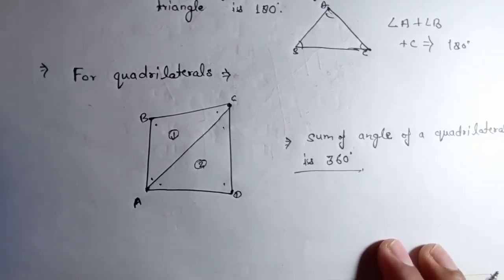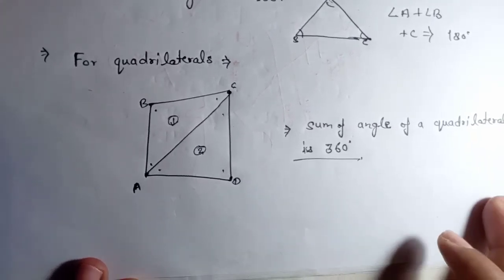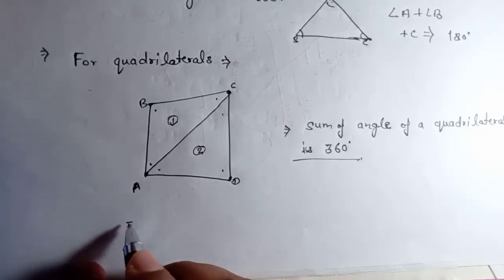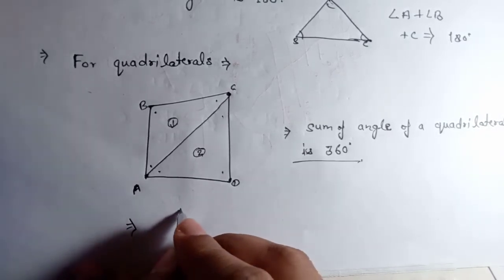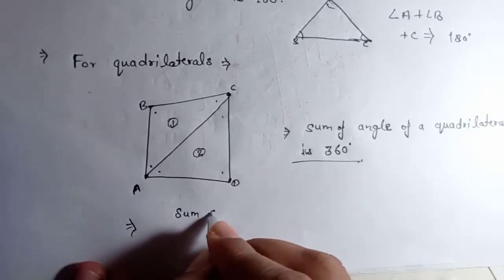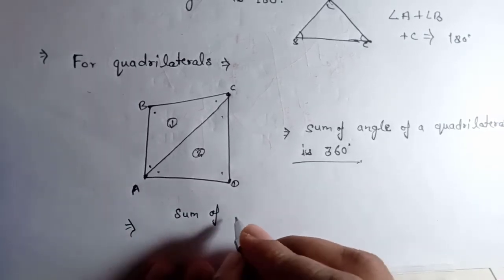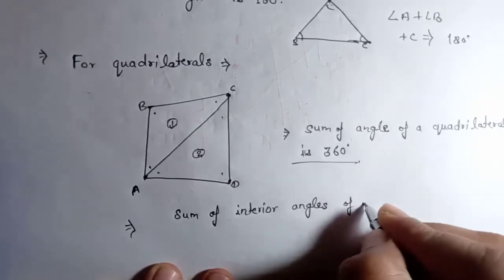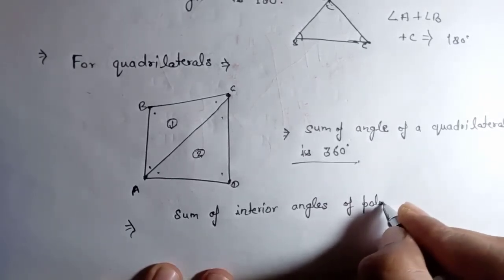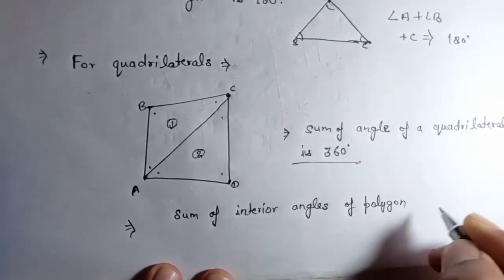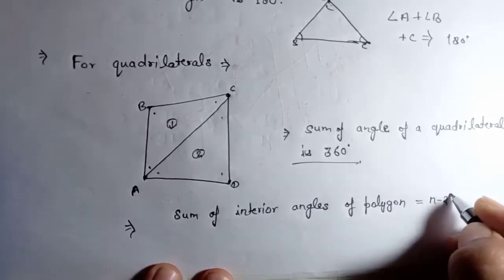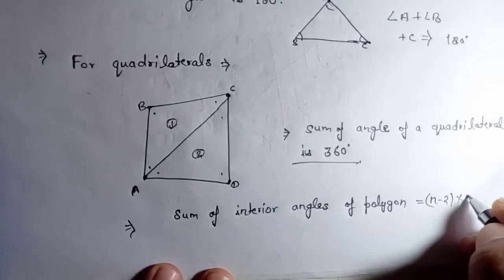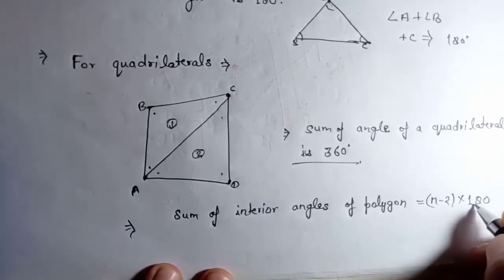Actually we have a formula by which we can define the sum of internal angles of a polygon. So the formula is: sum of interior angles of a polygon is equal to n minus 2 into 180.